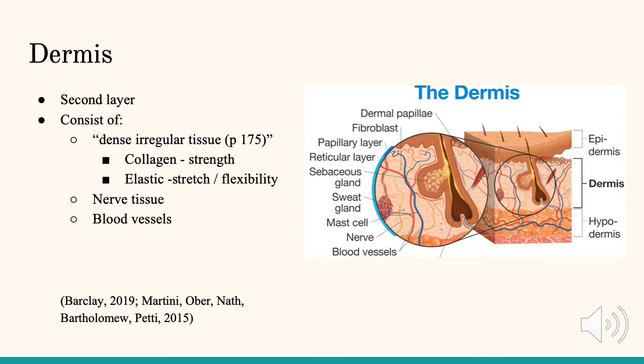Under the epidermis is the dermis layer, consisting of dense irregular tissue, nerve tissue, and blood vessels. These irregular tissues are called collagen and elastic fibers. They allow the skin to be stretched and provide strength.